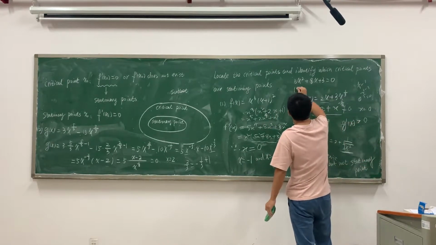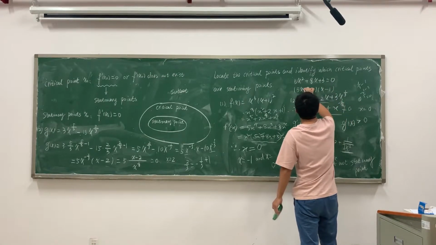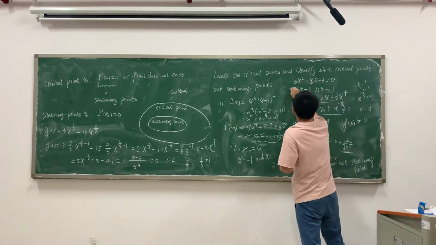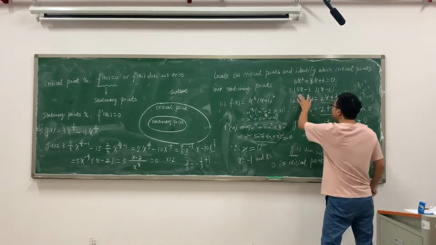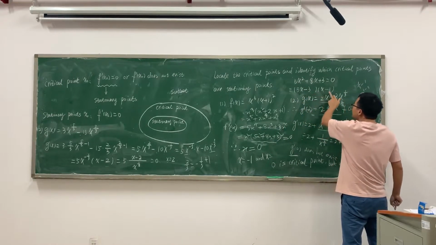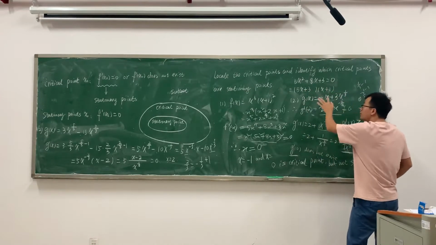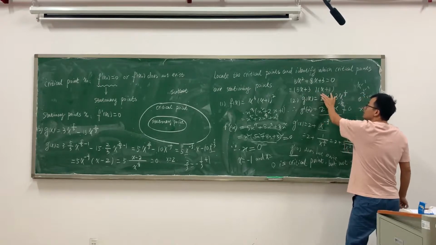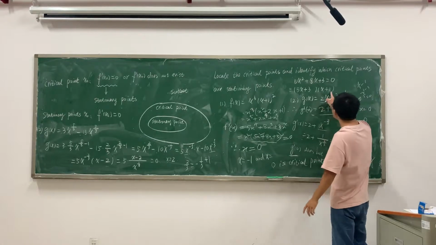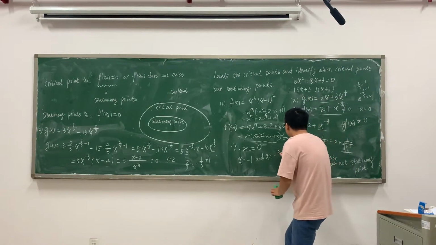You can write it by factorization: the first factor is 5x plus 3, the second factor is x plus 1. I'm sorry, here it's plus. So x equals minus 1 or x equals minus 3 over 5.